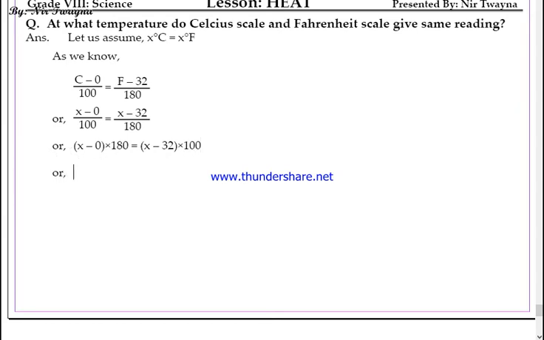So x into 180, you can simply write 180x is equal to, now multiplying x minus 32 by 100, you know that if it is in a bracket, 100 should be multiplied to both terms. So by multiplying 100 to x, you get 100x. The minus sign is still there, and by multiplying 100 to 32, you get 3200.